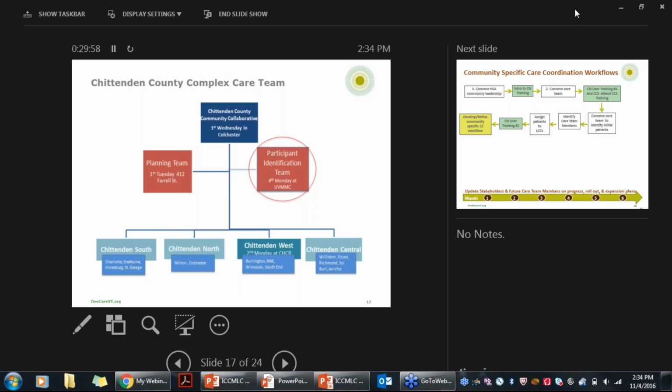For this initial subset of patients, we have a report that we receive that our team reviews in advance for patients with parameters we've identified, and we also look at Care Navigator, and we review that list in advance and then get together at this participant identification meeting to talk about those folks, identify who is engaged with them, and talk a little bit more about them.